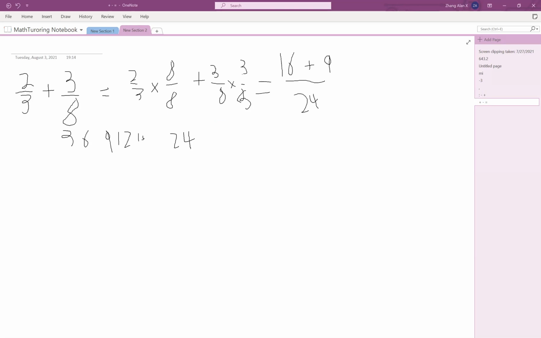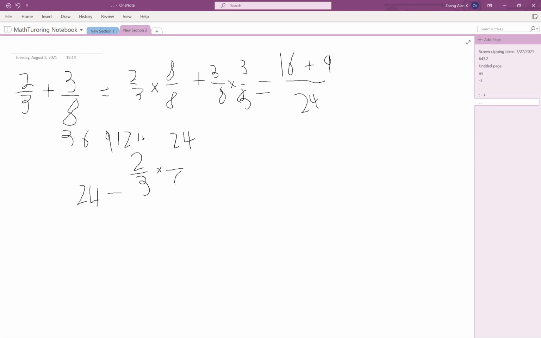So do you understand why we need to change it to 24? Yes, but I don't get this part over here. Okay, yeah. So we have 2/3. Then if we wanted to change the bottom to 24, what would we do? Times 8. Yeah.